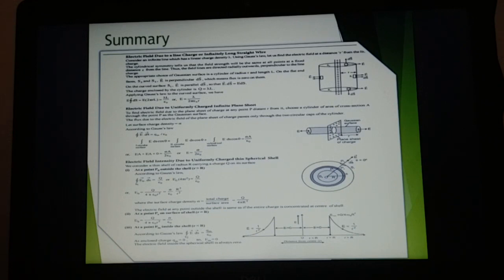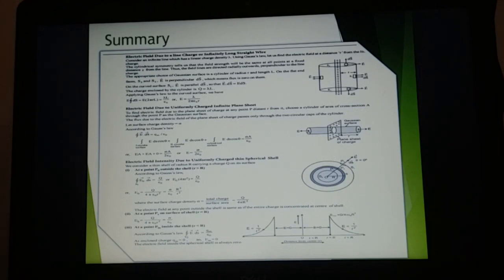On either side of those plates, the electric field intensities are zero, since in both the regions electric fields are acting with the same magnitude but in opposite directions. But between the plates both the electric fields are acting along the same direction. So between the plates only, you have the field intensity sigma by 2 epsilon 0 plus sigma by 2 epsilon 0, which is equal to sigma by epsilon 0. That is the second case.